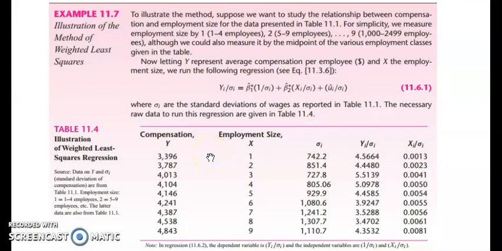Example 11.7 is an illustration of the method of weighted least squares. Here we have a variable y, which is the compensation, and x is the employment size. We know that x is the variable related to heteroscedasticity, meaning that as employment size increases, the variance of the compensation also increases.